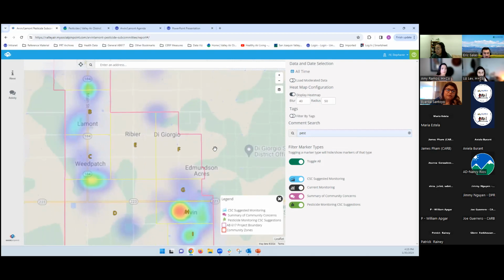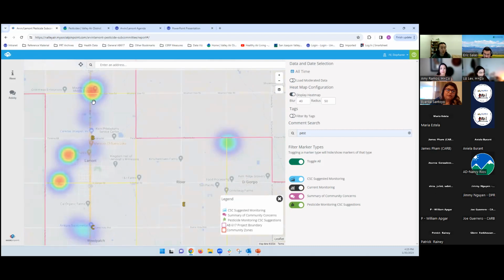And as you can see here, over the course of all of us working together on this work, there's been three main areas that we've been receiving a lot of comments related to pesticide concerns. That orangey spot in Arvin, in Weed Patch, and also on Main Street and on 184, and this is Mountain View.